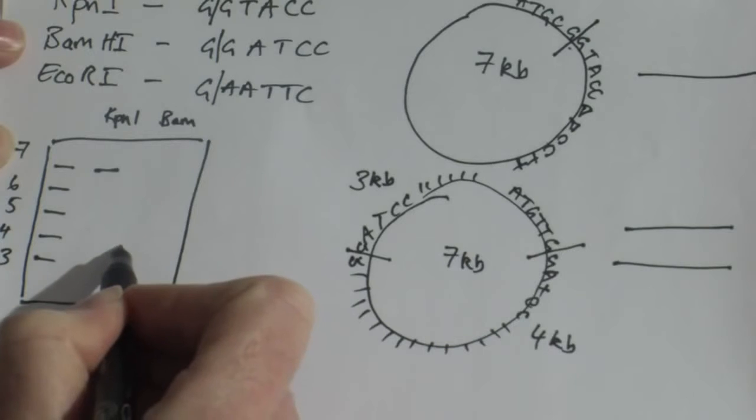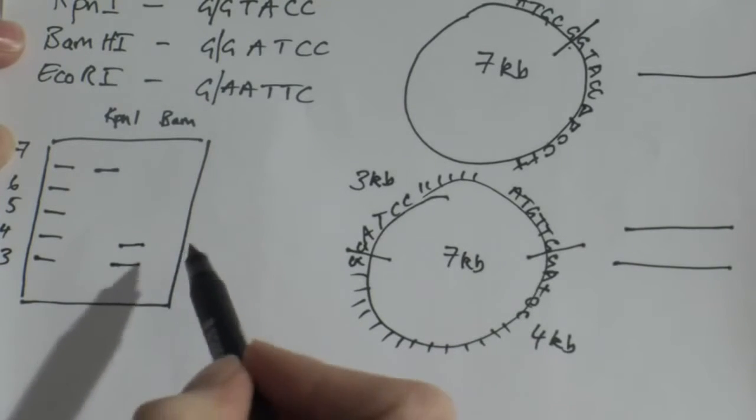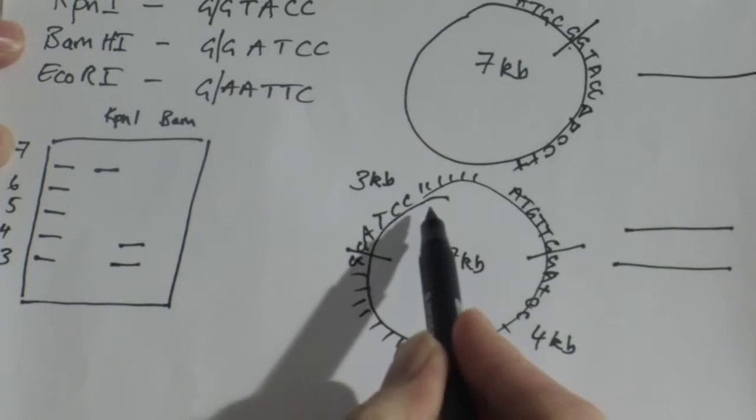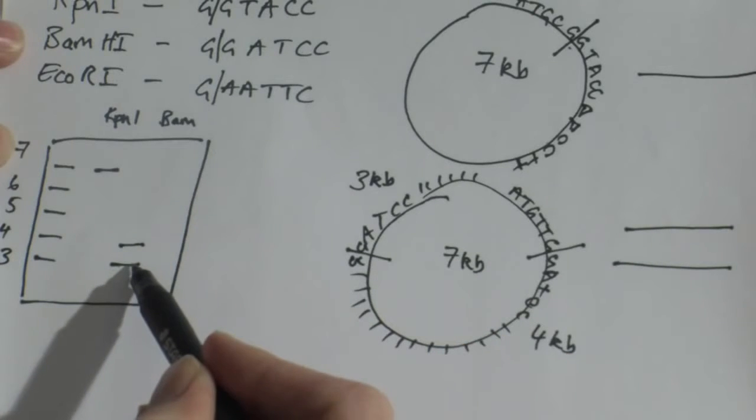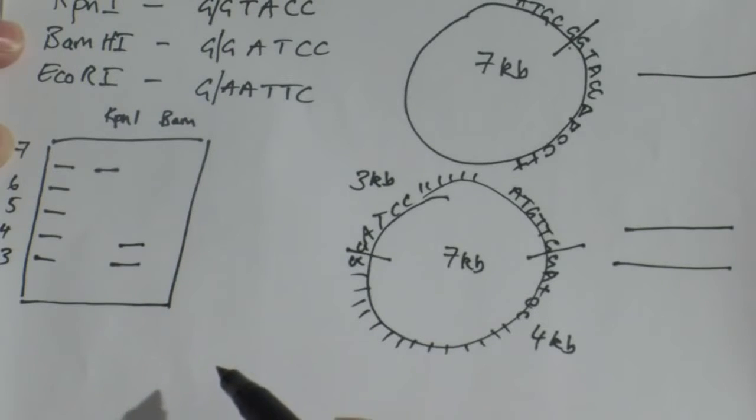One of them was 4 kb and one of them was 3 kb. And we can see that the two fragments here that were cut with BamHI add up to give me the 7 kilobases that is the total size of the plasmid.